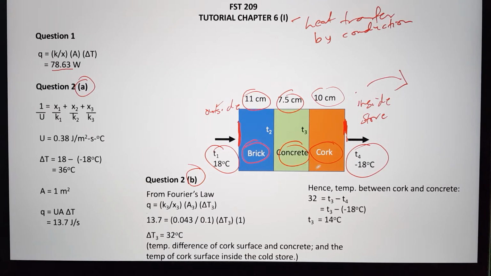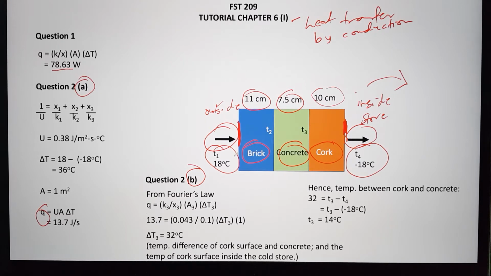For question number 2A, calculate the rate of heat transfer through the wall, so you need to calculate the value of Q. Thermal conductivities for the materials are given in your tutorial. You can see that the arrow of the temperature is moving from your left hand side towards your right hand side.